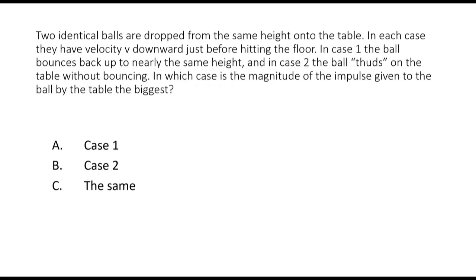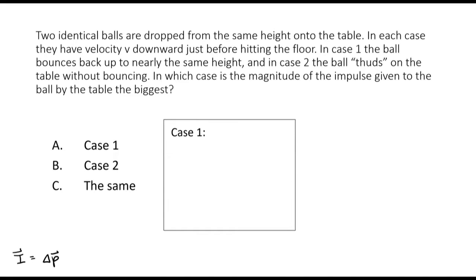Okay, so the trick to solving this one is to remember that impulse I is equal to change in momentum. And we have to think about the change in momentum of each of the two different balls. So the impulse delivered to the table is going to be equal to the change in momentum of the ball as it hits the table. Okay, so in case 1, we know that the initial velocity is really going to be v.